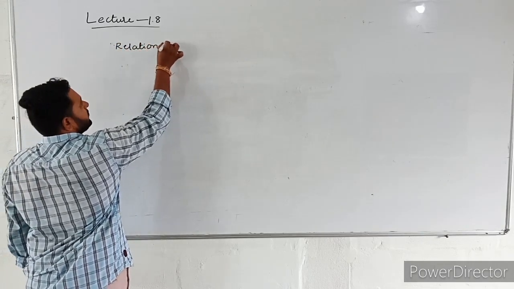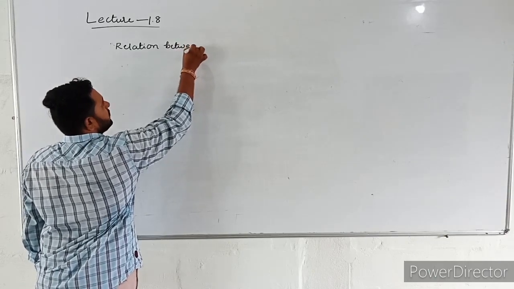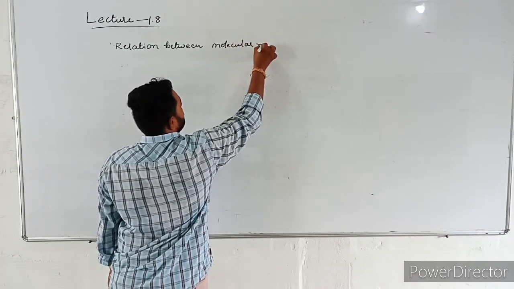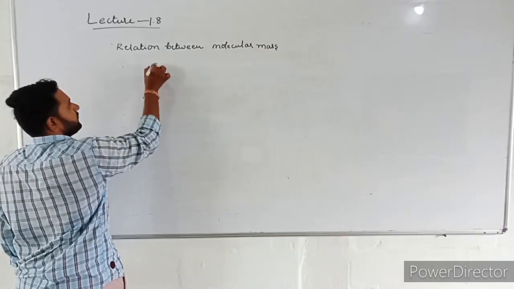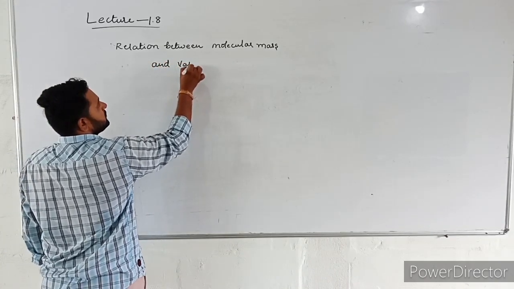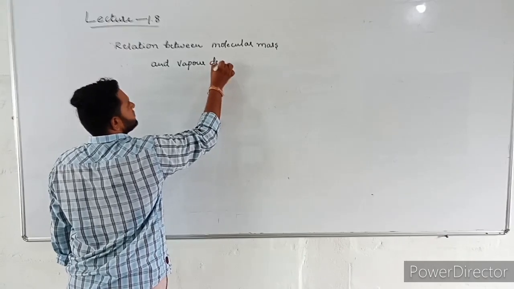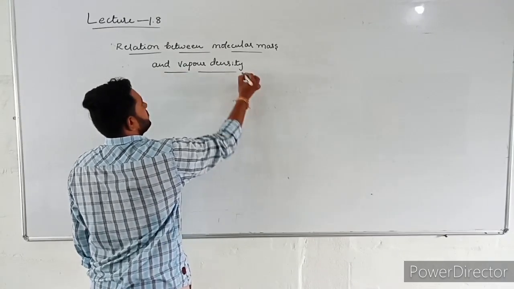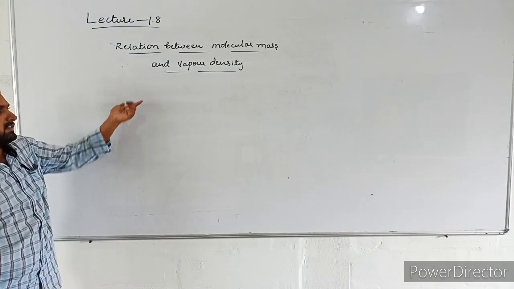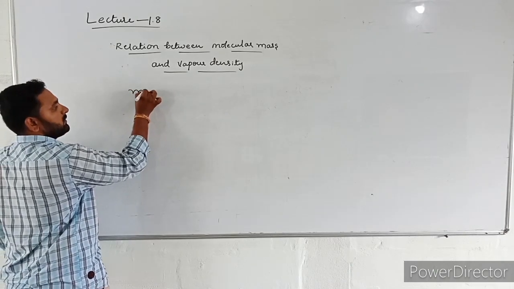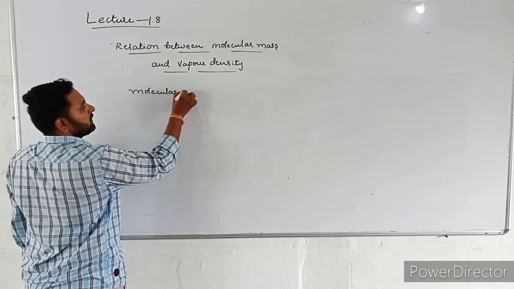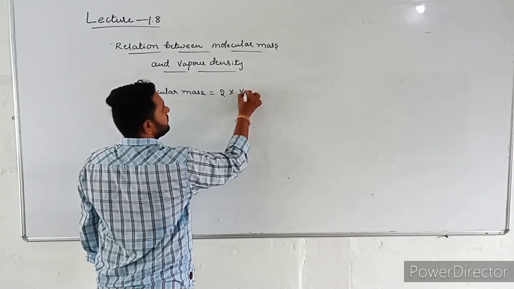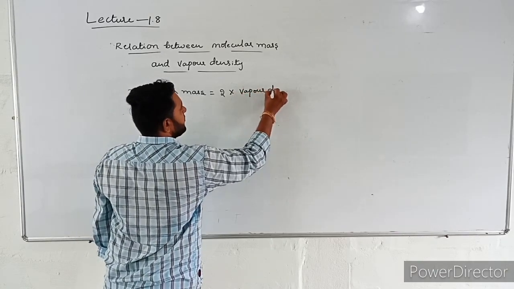The relation between molecular mass and vapor density is: molecular mass is equal to 2 into vapor density.